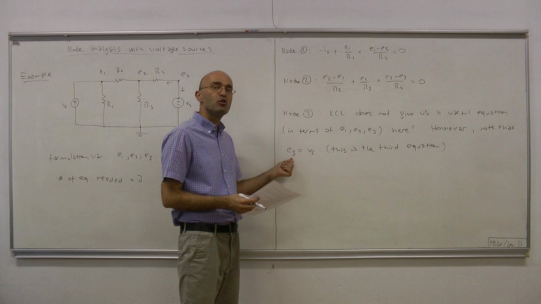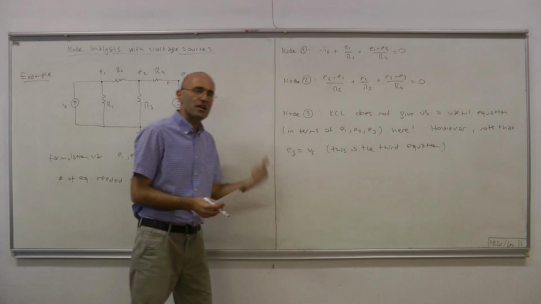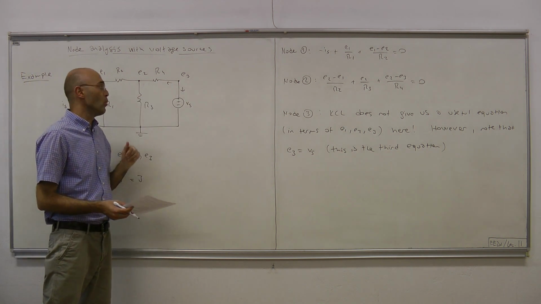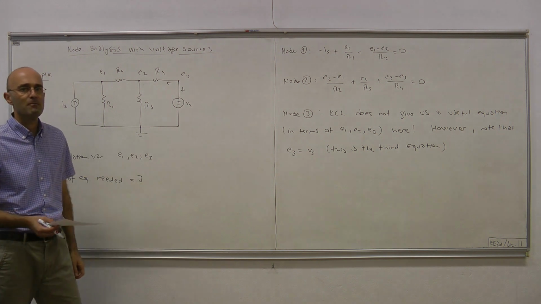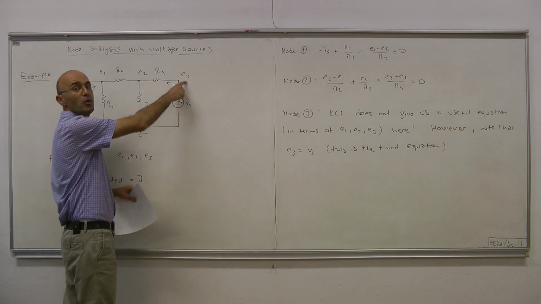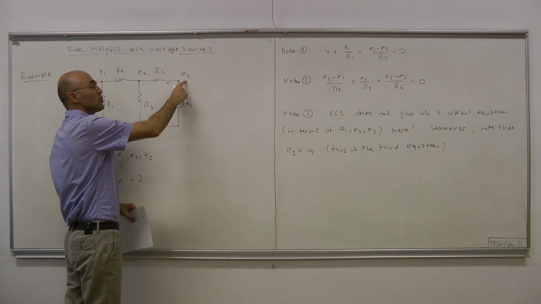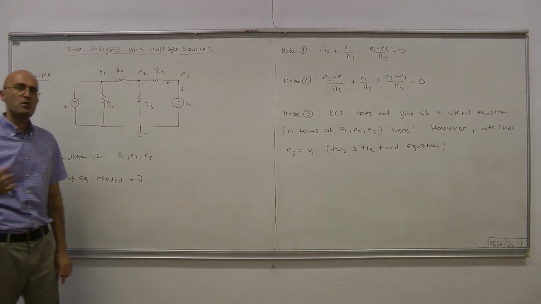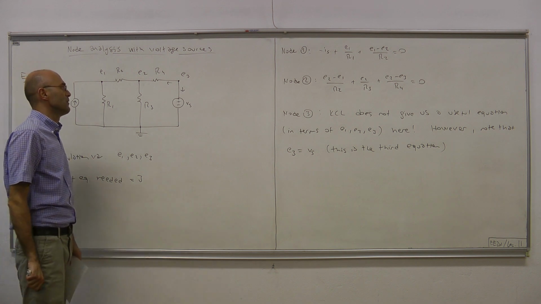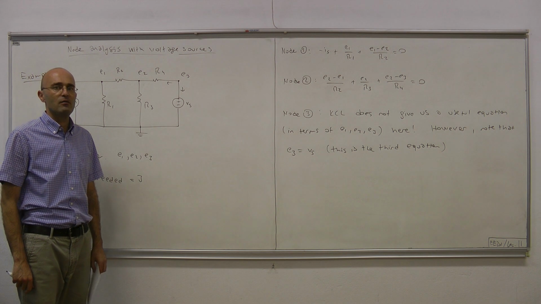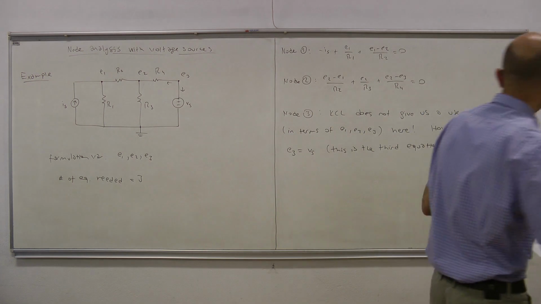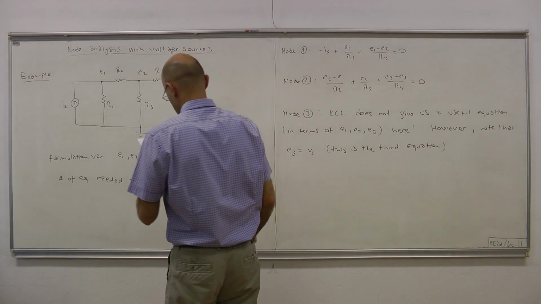This directly gives us what E3 is. Therefore, it doesn't make sense to treat E3, the third node voltage, as an unknown or as a formulation variable. And that's what we will do when there is a voltage source between some node and the ground node. The corresponding node voltage, we will not treat as an unknown. We will not label it as one of our formulation variables. And that will reduce the number of equations that we have to write. So that's the lesson that we should learn from this situation.